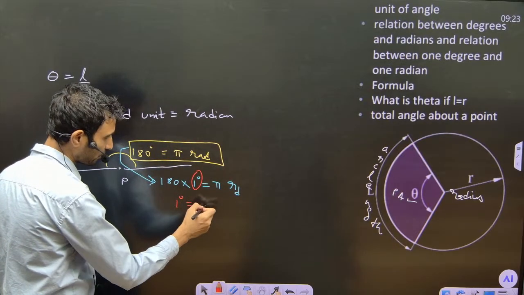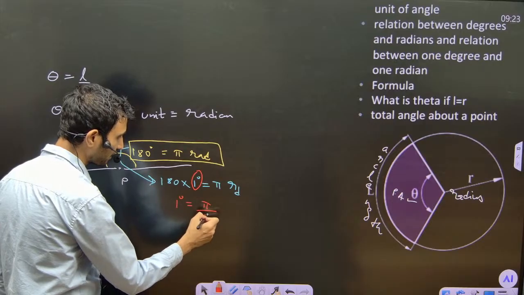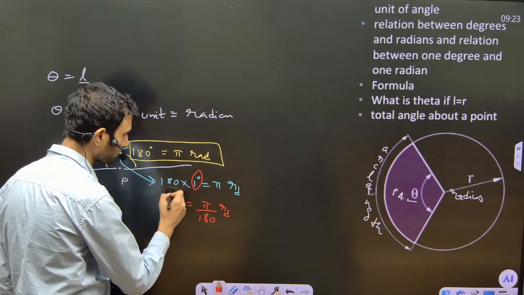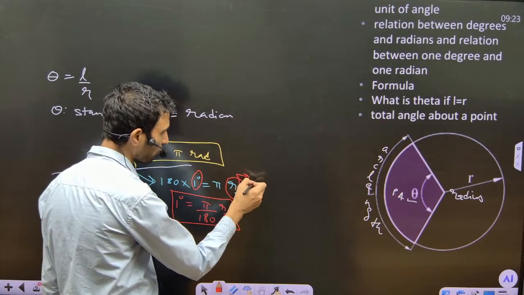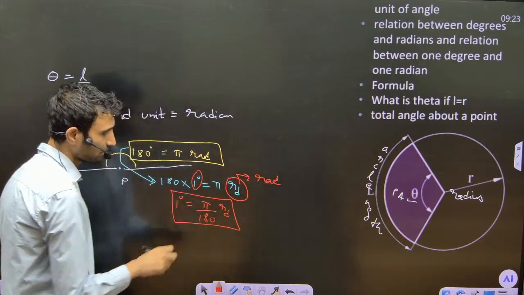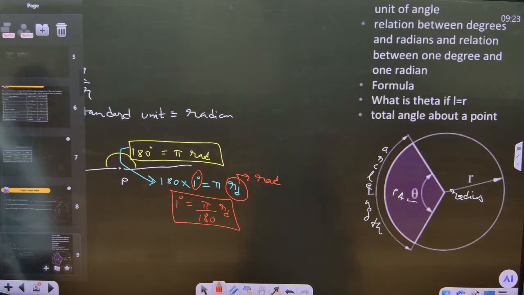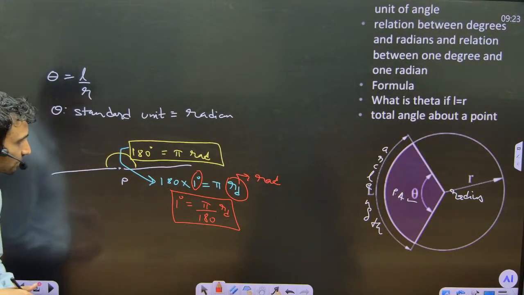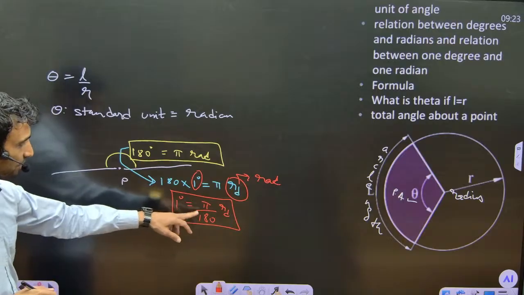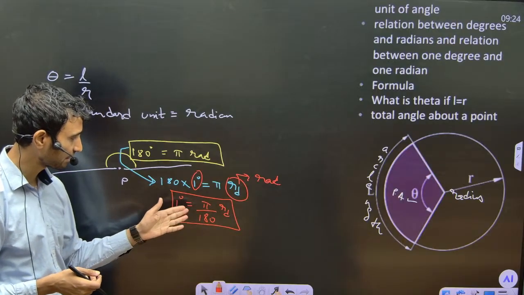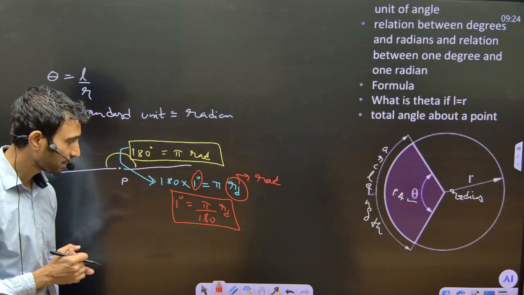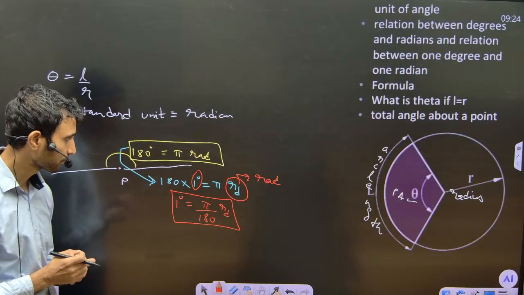Well, it will be pi divided by 180 radian. Right? RD is a short form for radian, so I just use RD. So 1 degree is equal to pi by 180 radian, right? So that's how you find the relation between degrees and radians.